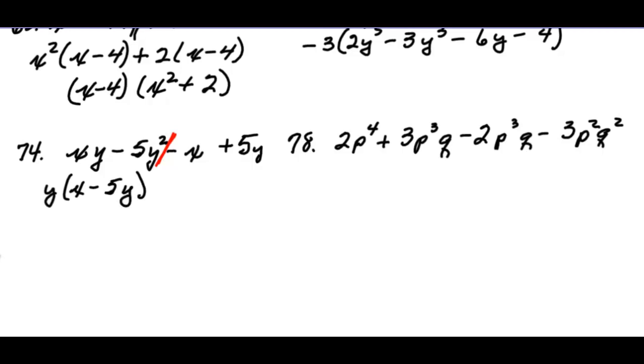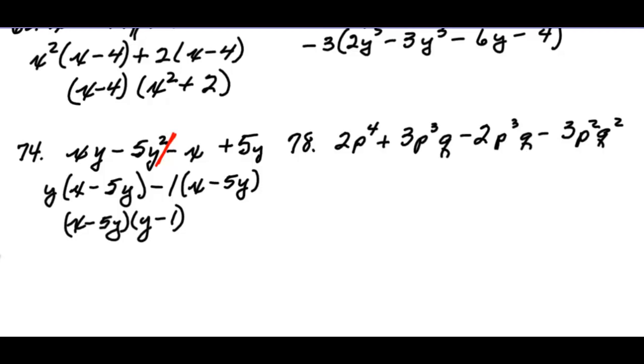And what we have left is negative x positive 5y. Well, that doesn't really work for us, but if we pull out a minus 1, now this becomes x minus 5y. And now we have that common term, x minus 5y times y minus 1.